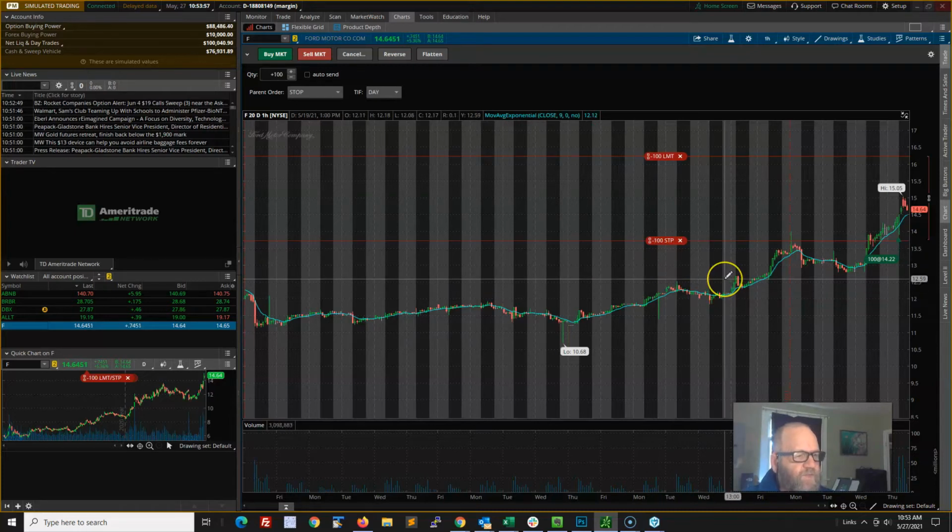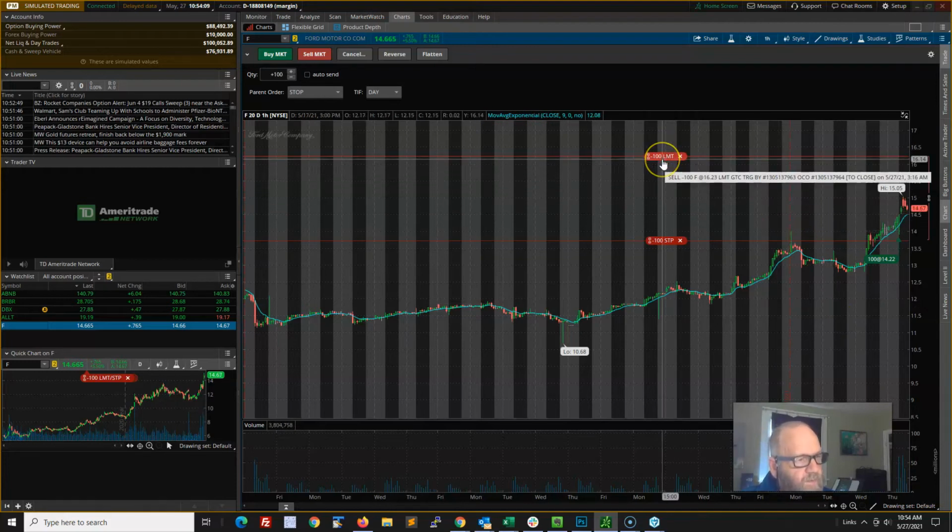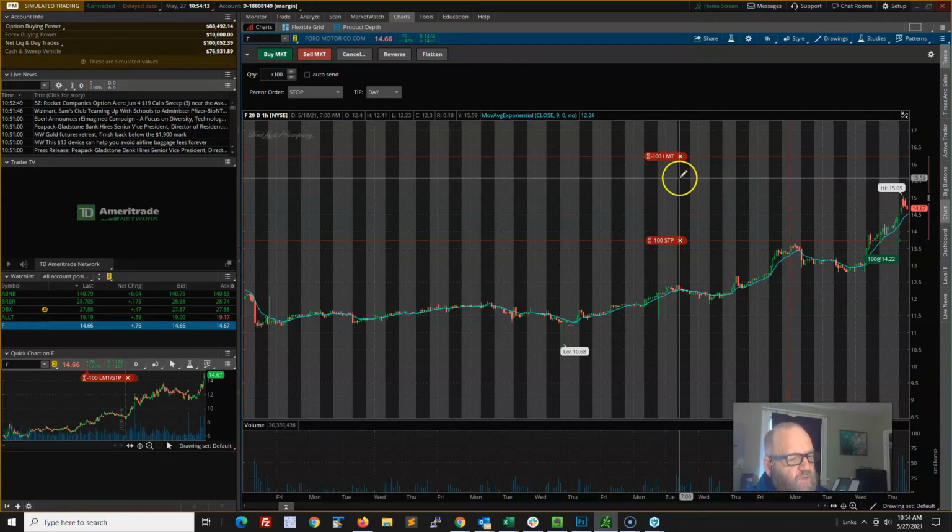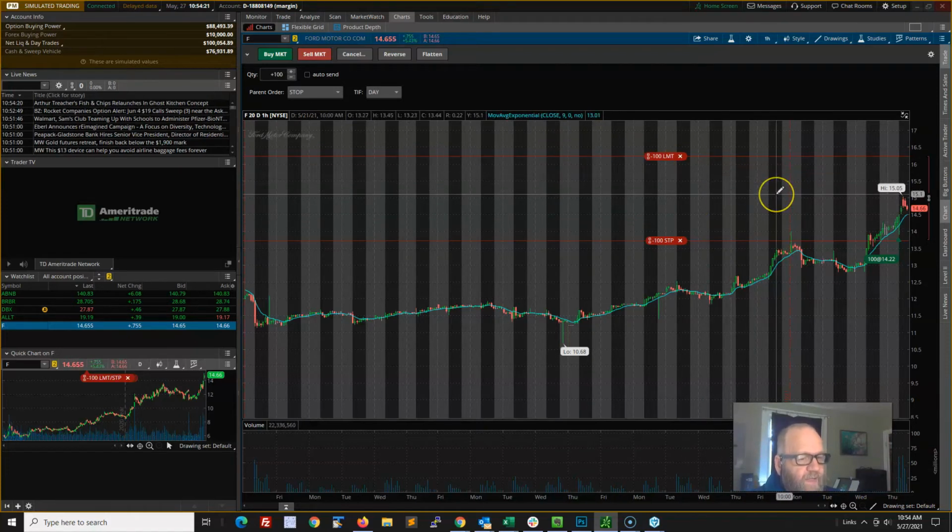The most I can lose is 50 cents per stock, and on 100 shares, that's $50. Then I put up another order, a limit order, that is $2 above, right? So it's 50 cents times 4. That way I will at least make $2 if it gets up that high.